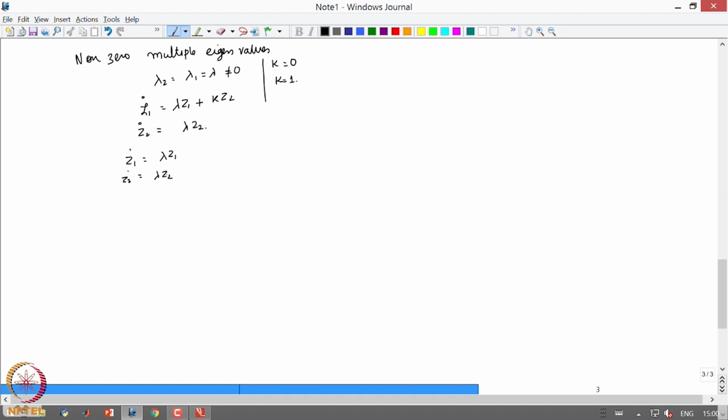If I compare with the first case, where z1 dot is lambda 1 z1 and z2 dot is lambda 2 z2, the relation between z2 and z1 was given by z2 equals c times z1 to the power lambda 2 by lambda 1, where c was z2 naught by z1 naught to the power lambda 2 by lambda 1.